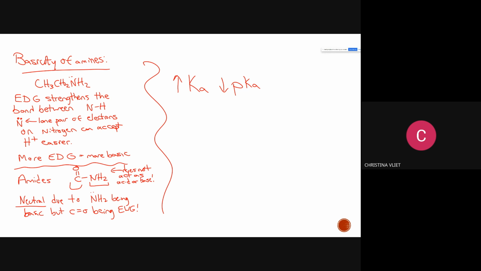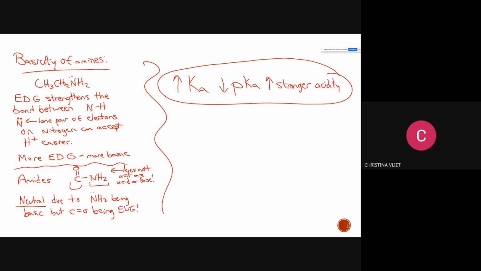It's a stronger acid. Often you'll be asked to compare either Kas or pKas and say which is the stronger acid. So you have to know that a larger Ka means more products, more dissociation. Larger Ka equals greater dissociation of H+. That's the concept.